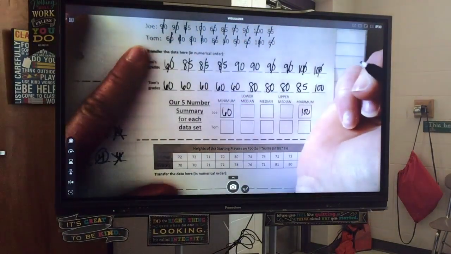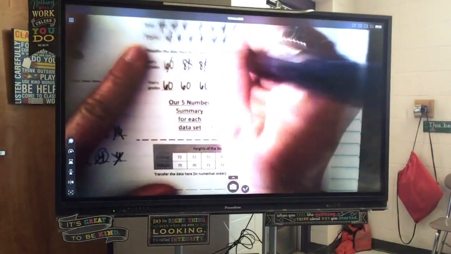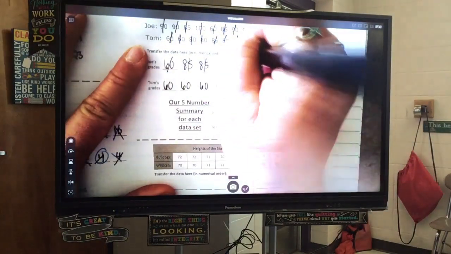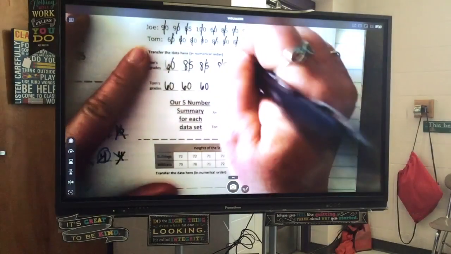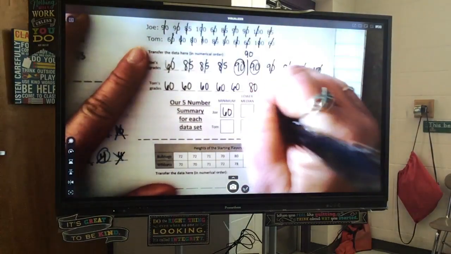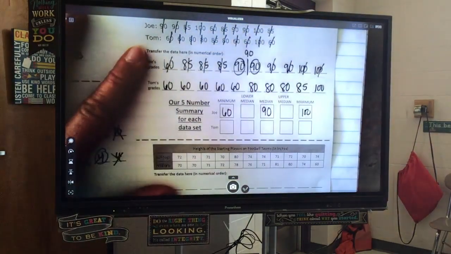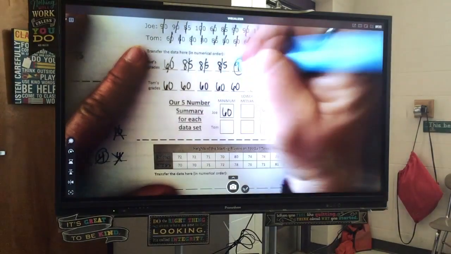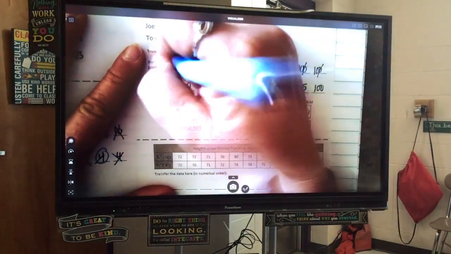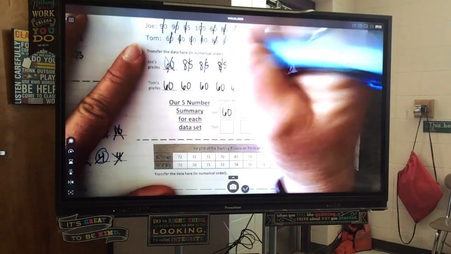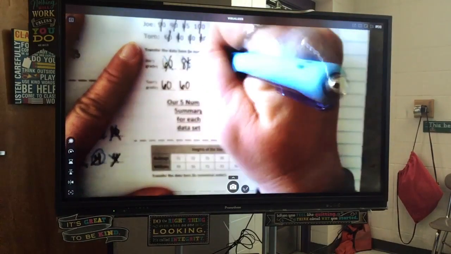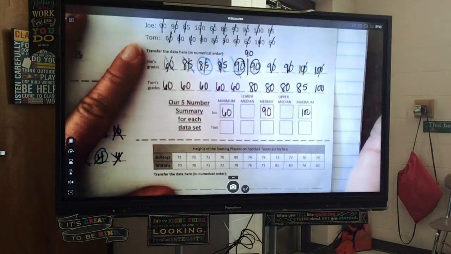And you got 2 90s left. And technically, those are like the same numbers, so the median would be 90.